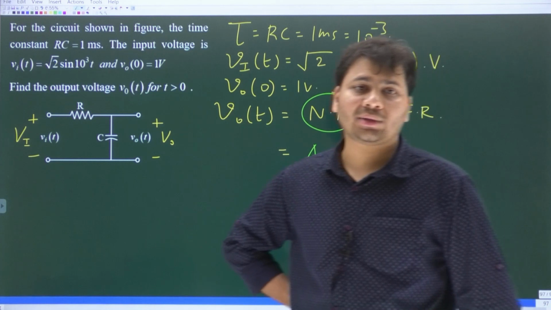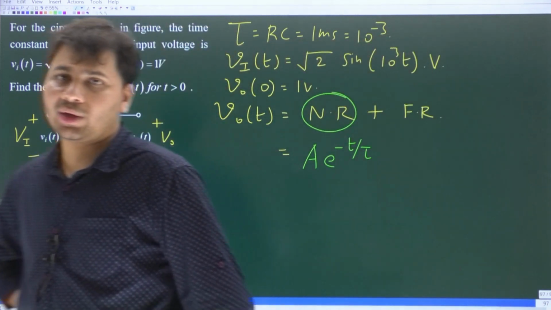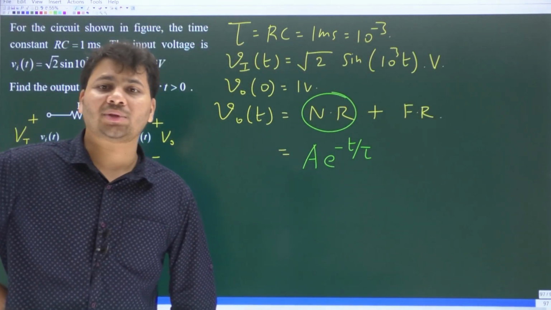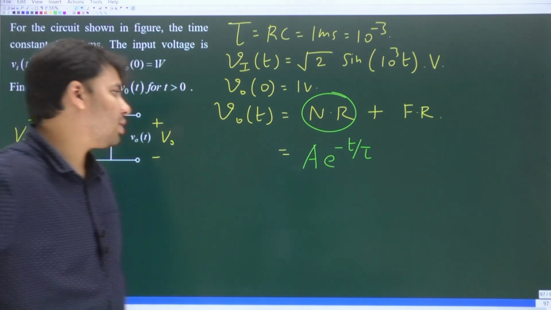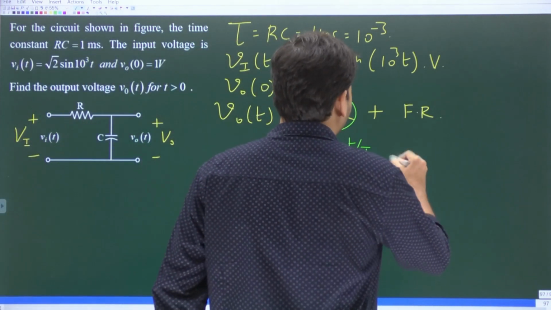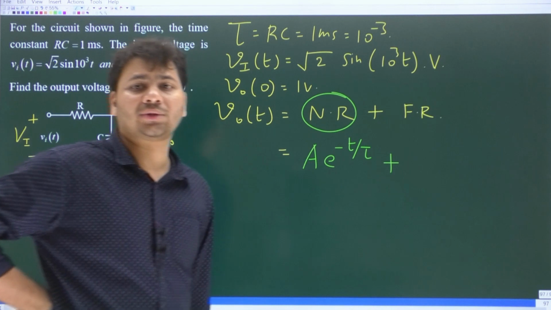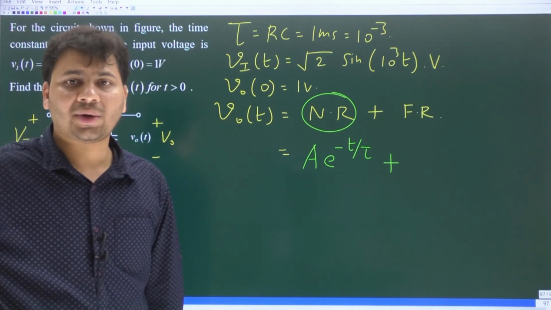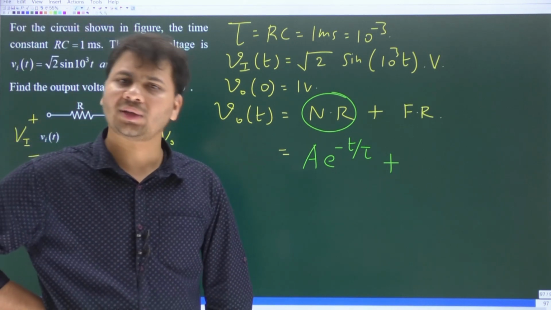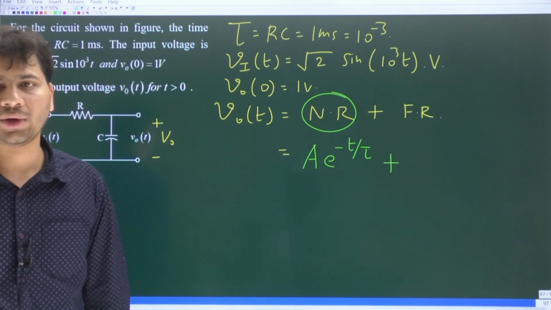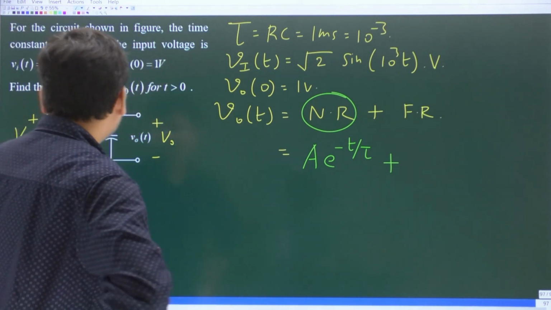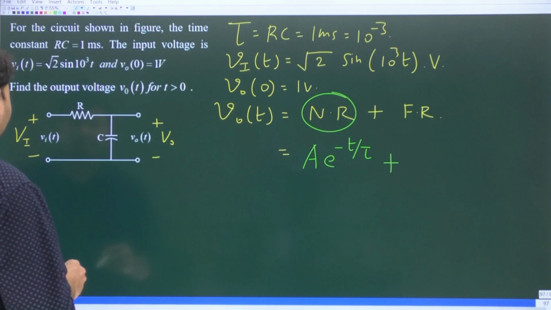The natural response of a first order circuit is always going to be something like A times e power minus t by tau. Now to this you should add the forced response, which is also called the steady state response. Now to find the steady state response, yes, you should do the analysis in phasor domain. Okay. Anyway, see.